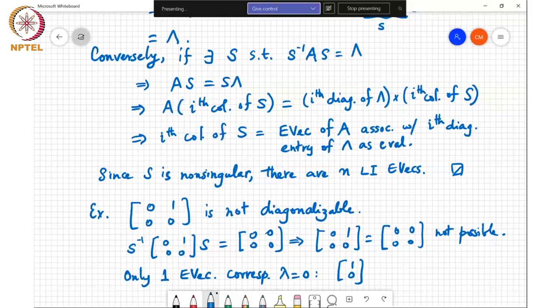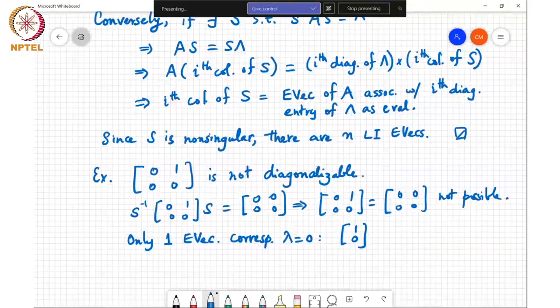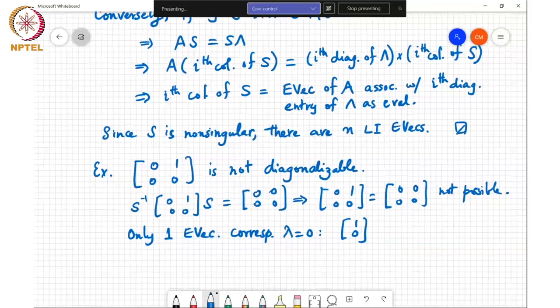It's an eigenvalue of multiplicity 2, but the matrix has only one linearly independent eigenvector. It does not have two linearly independent eigenvectors corresponding to lambda equal to 0. So basically not every n cross n matrix will have a full set of n linearly independent eigenvectors.